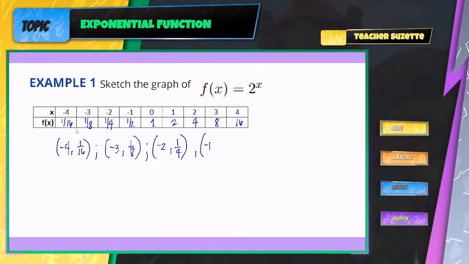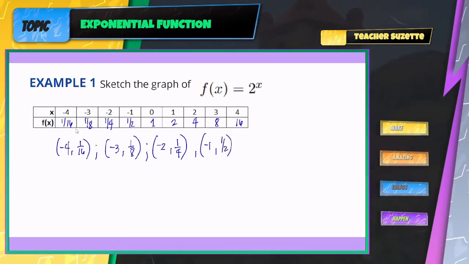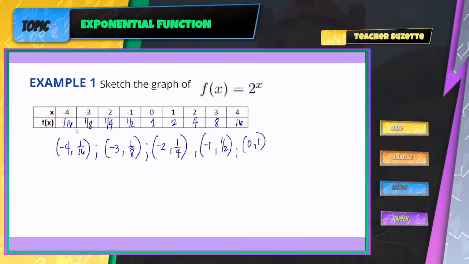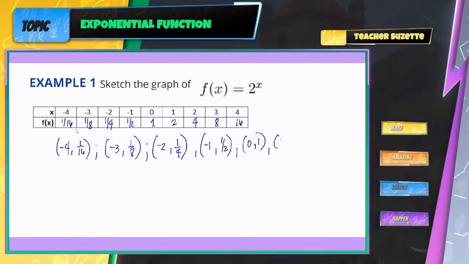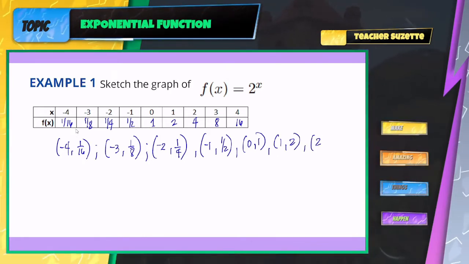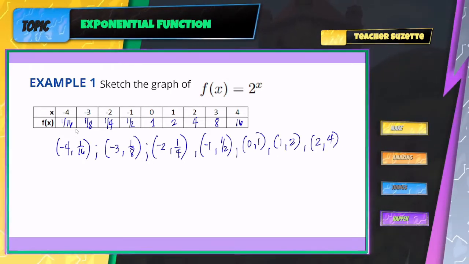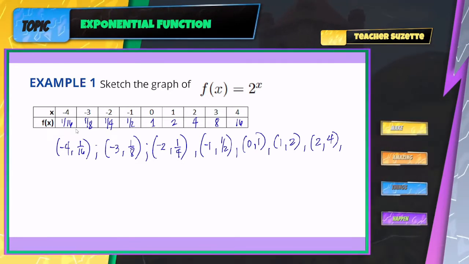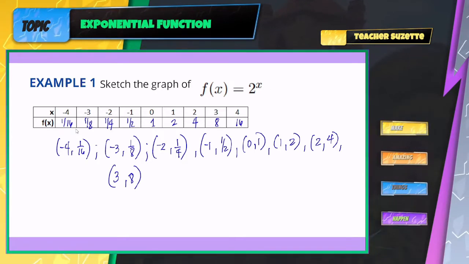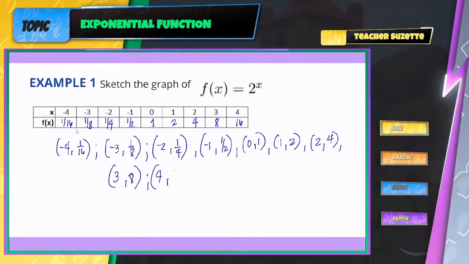Next, negative 1, comma 1 half. Next is 0, comma 1, another point. Then, on the positive side, we have 1, comma 2, 2, comma 4. Let's continue. We will have 3, comma 8. And lastly, 4, comma 16.